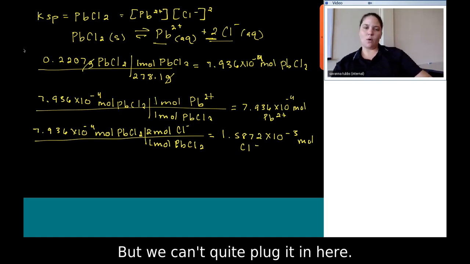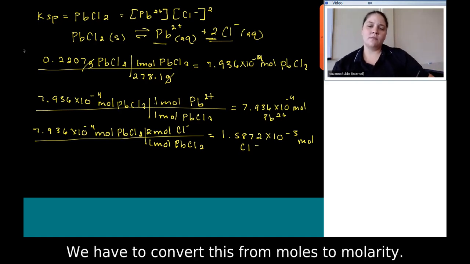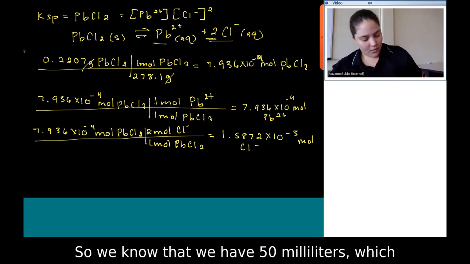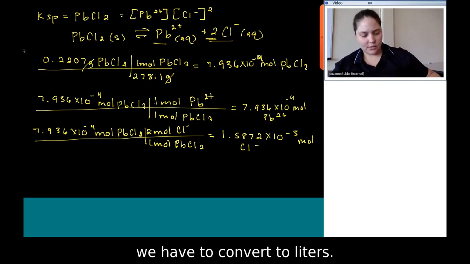But we can't quite plug it in here. We have to convert this from moles to molarity. So we know that we have 50 milliliters, which we have to convert to liters.